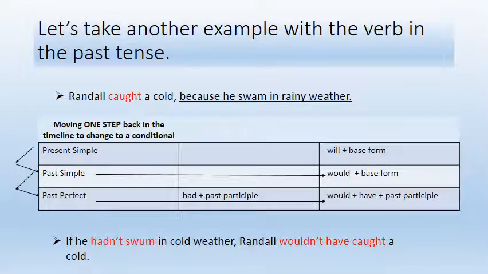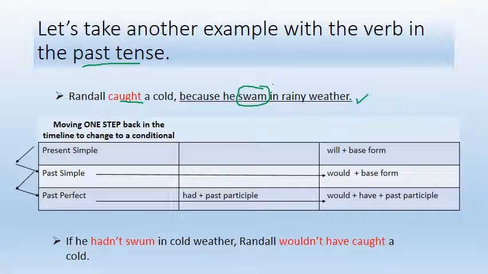Let's take another example, okay, where the verb is in the past tense, past simple, not present simple. Randall caught a cold because he swam in rainy weather. Step 1, underline the cause. We did that. Step 2, let's take a look at the verb in the cause. Swam, past simple.